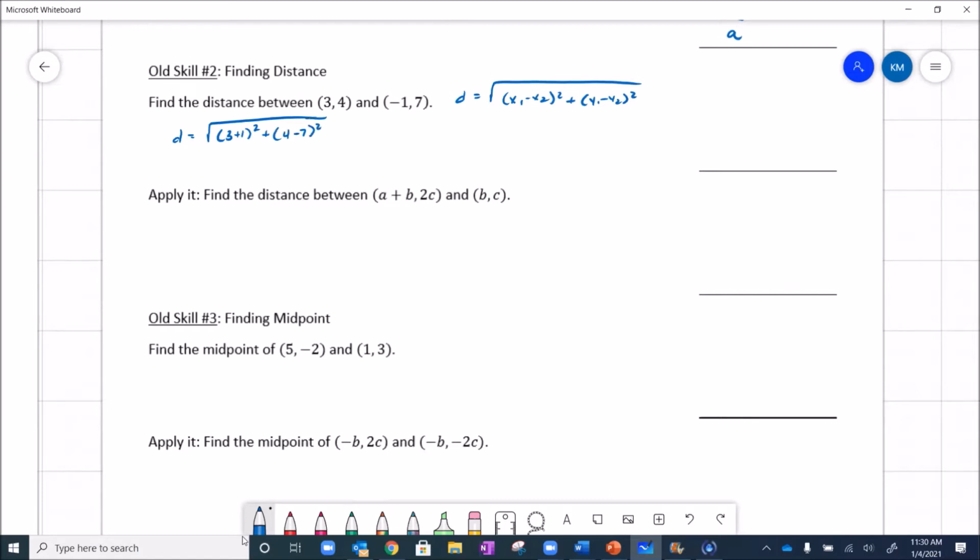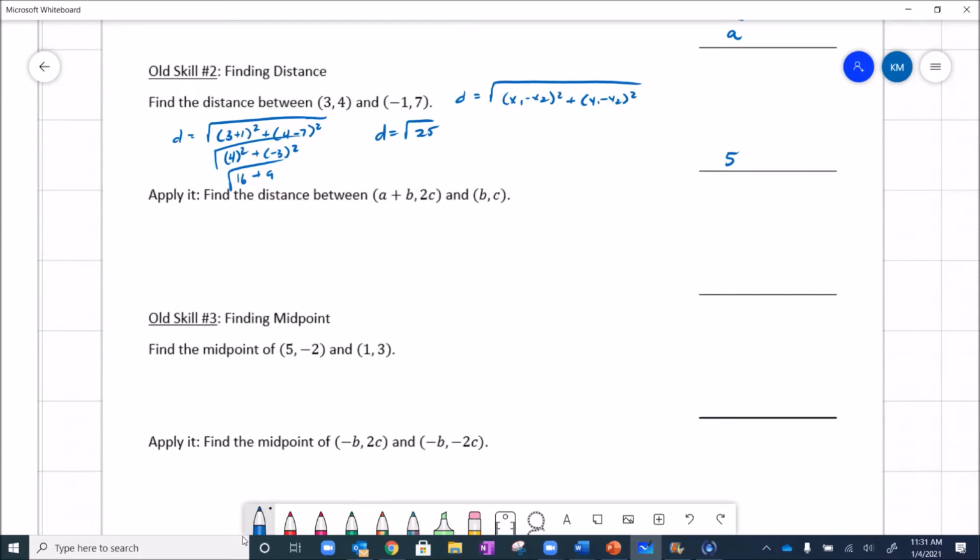So 3 plus 1 is 4 squared, 4 minus 7 is -3 squared. That's 16 plus 9, or 25. So my distance here is the square root of 25, which is 5. Just plugging in numbers, simplifying.